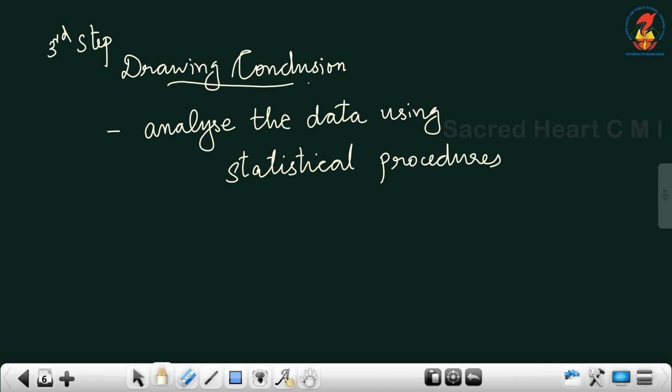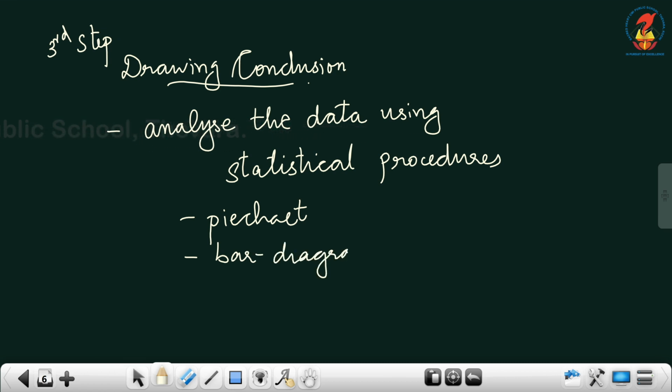This analysis can be done through graphical representation like a pie chart or bar diagram, etc. So you can use these statistical procedures like pie chart, bar diagram, etc. for analyzing the data.